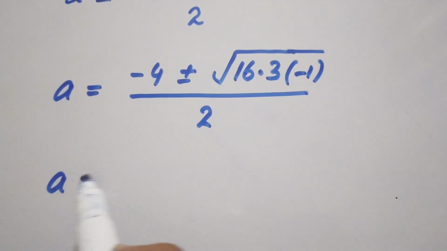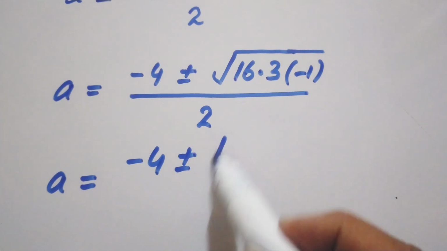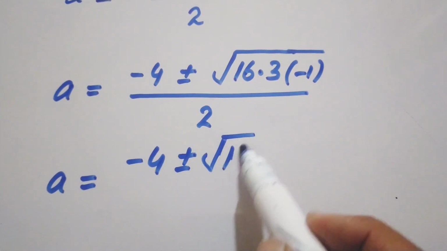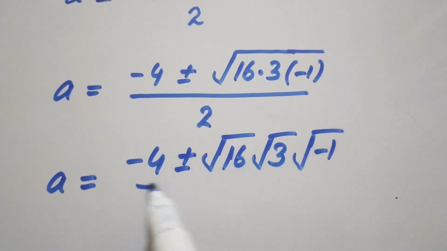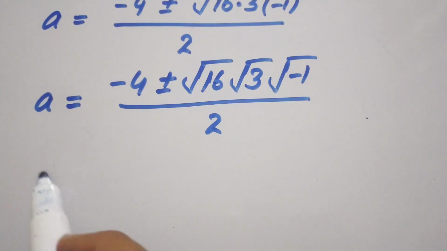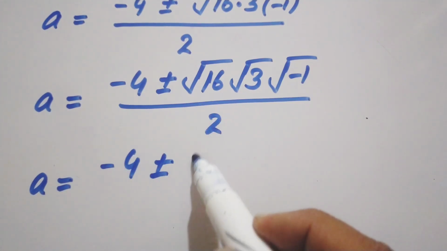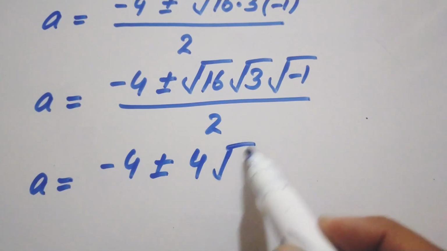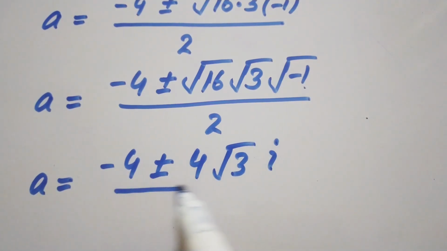Now we apply the square root of 16 multiplied by square root of 3 and multiplied by square root of minus 1, divided by 2. So a is equal to minus 4 plus minus square root of 16, which is 4, into square root 3, and square root of minus 1 is i (iota), divided by 2.